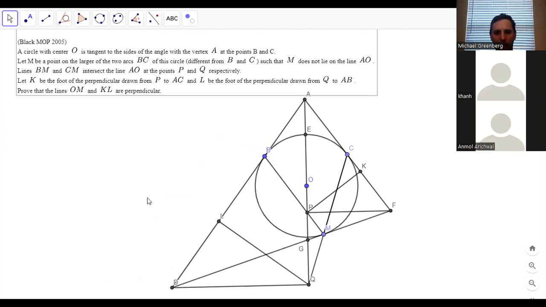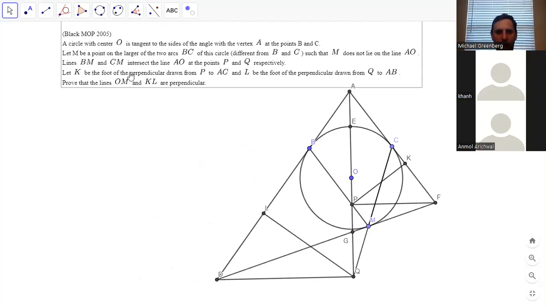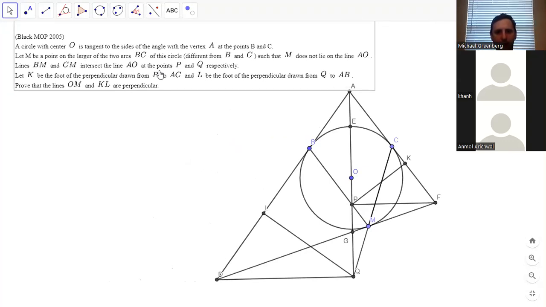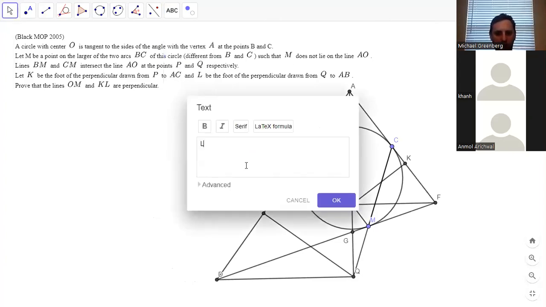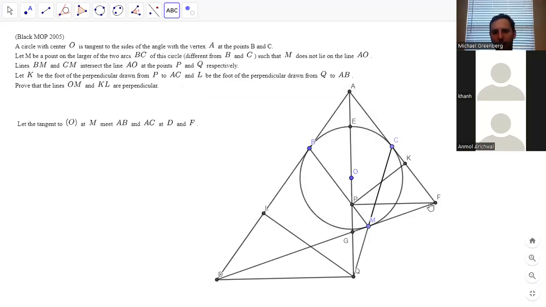So let the tangent at M meet AB and AC at D and F. And then by the Iran lemma, angle APF is 90 and angle AQD is 90. Because P lies on the angle bisector.